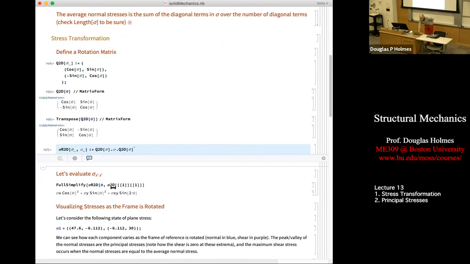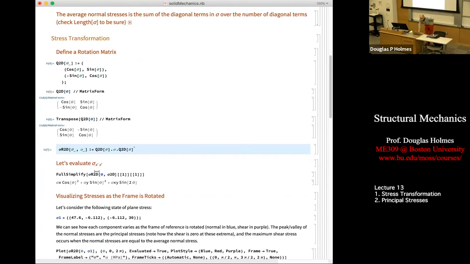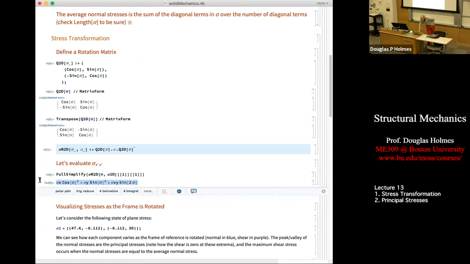So let's look at sigma xx in the new coordinate system. There's a chance you might remember from mechanics of materials what this looks like. If we evaluate this quantity, I get that my new stress in my x direction is cosine squared, sine 2 theta, times the different components of my old stress tensor.